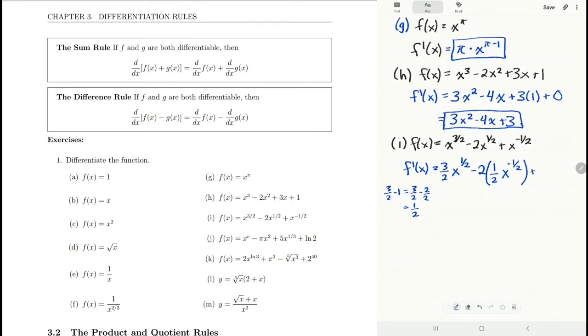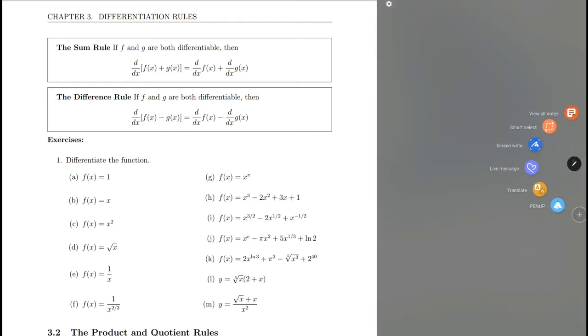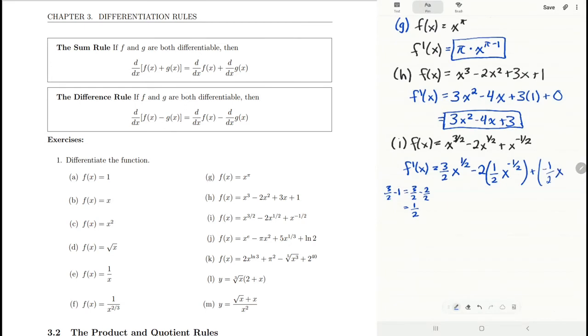And then the last term we have x to the negative 1 half, so we multiply the exponent in front, which is negative 1 half, and then we subtract 1 from the exponent. So negative 1 half minus 1 is negative 1 half minus 2 over 2, or negative 3 halves. So this is x to the power of negative 3 halves.